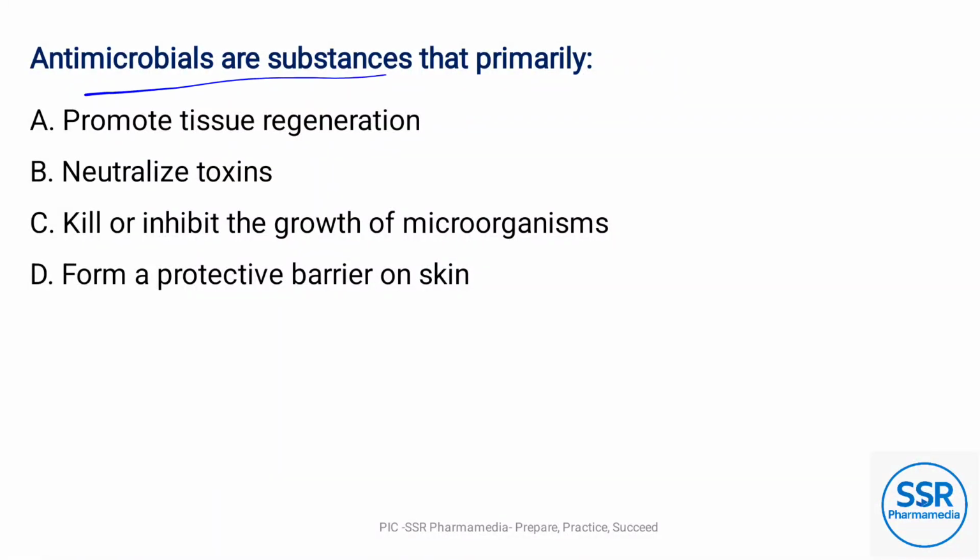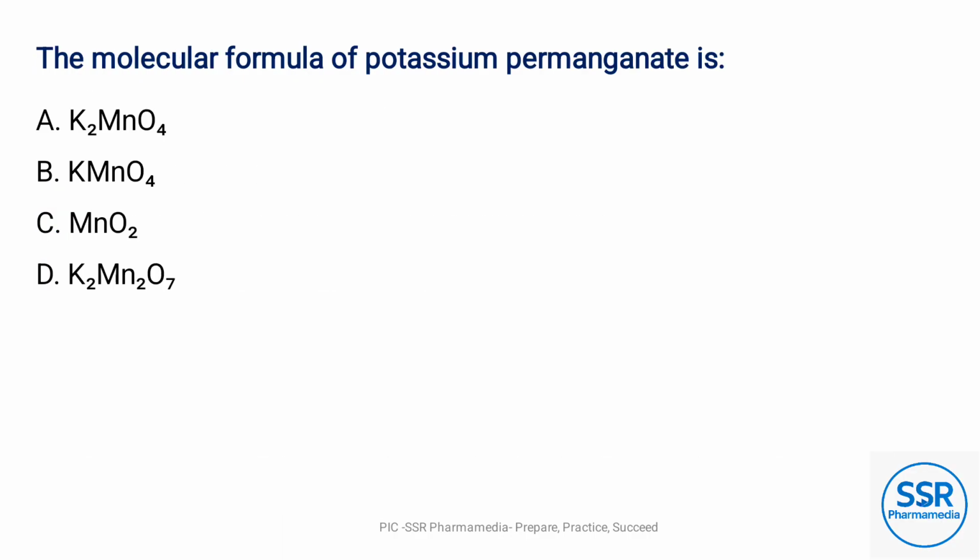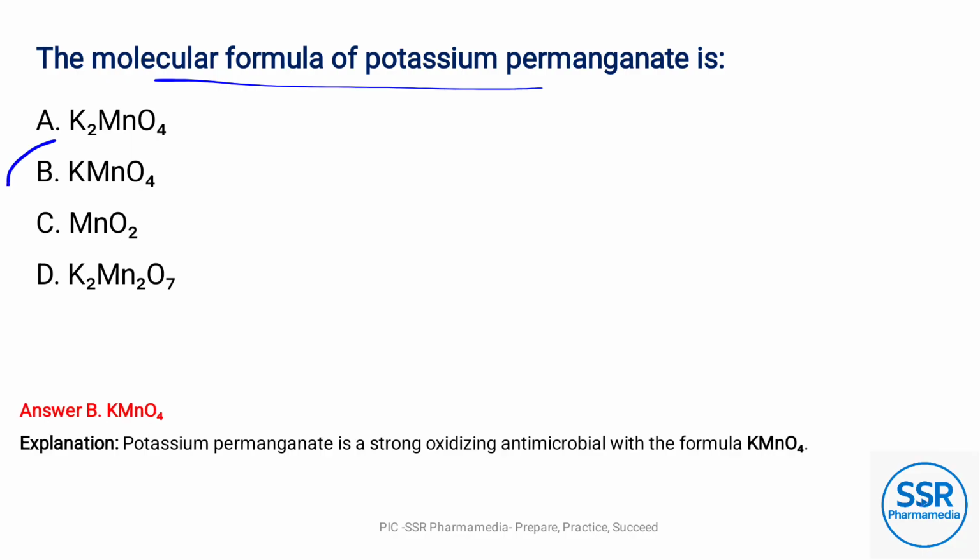Antimicrobials are the substances that primarily, so the answer is option C, kill or inhibit the growth of microorganisms. The molecular formula of potassium permanganate is option B, KMnO4.